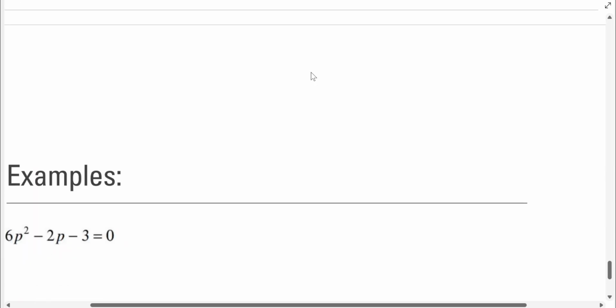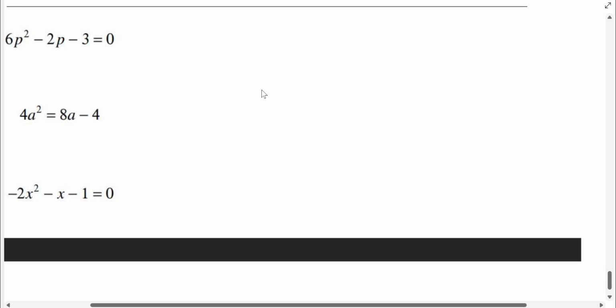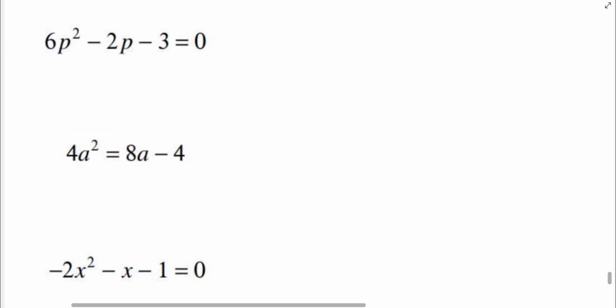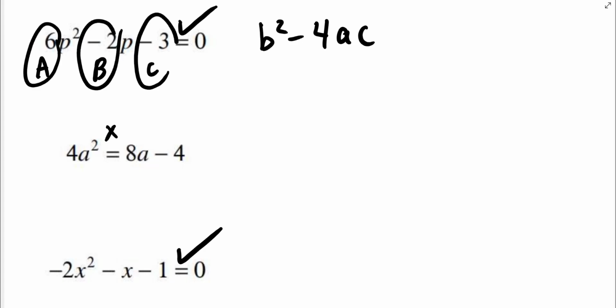So we're going to do a couple of examples, and again, you have to use this formula. Let's zoom in. So we're going to do b squared minus 4ac. For the first one, we can start with a is 6, b is negative 2, c is negative 3. We're going to substitute.